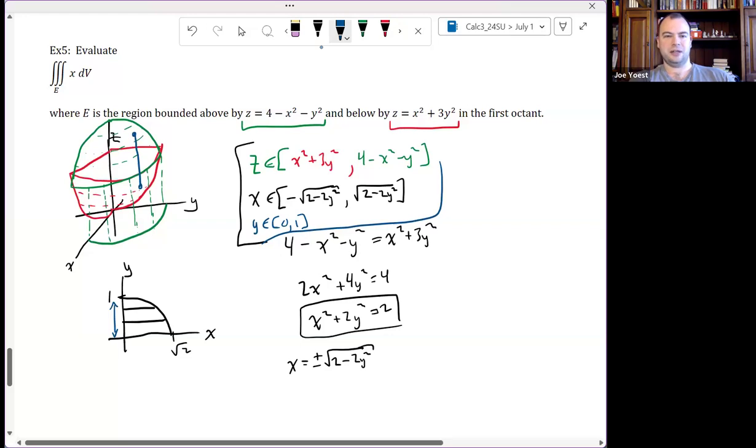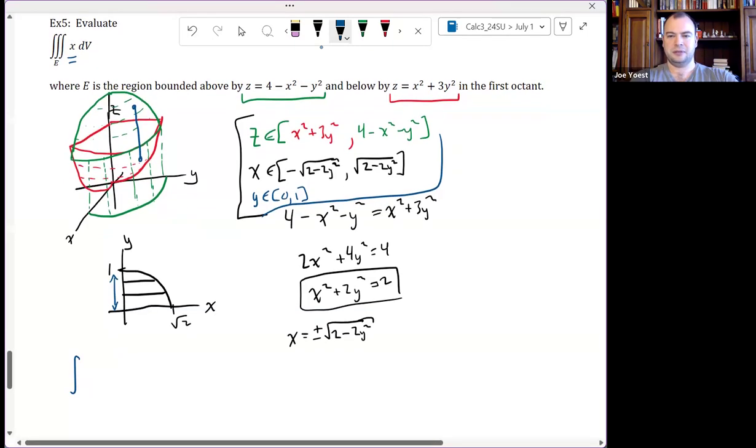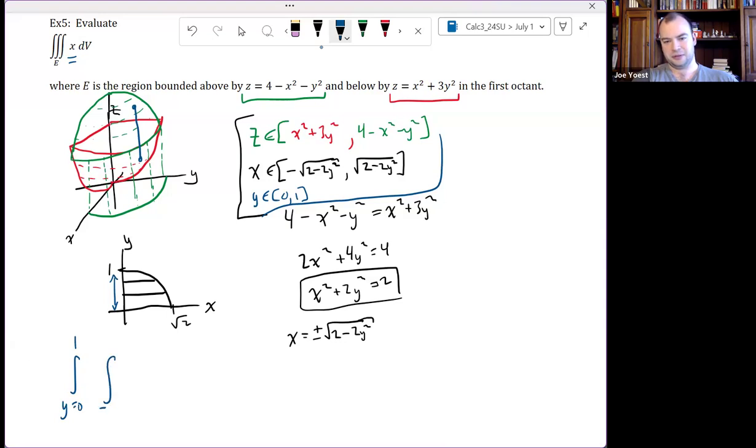And I don't want to forget that I am integrating x dV here. So I see that z depends on x and y, x depends on y, and y doesn't depend on anything. So y is the outermost integral. x is the next one because it depends on just y.